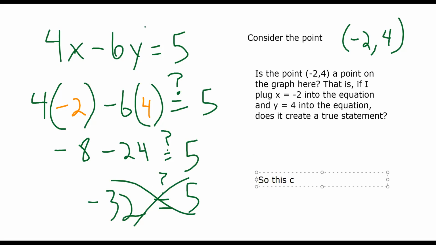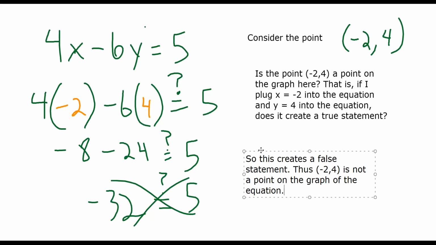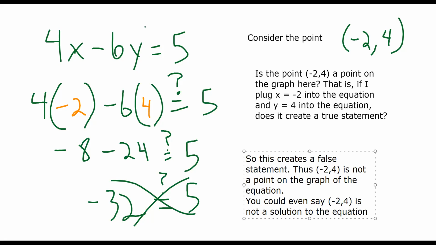So this creates a false equation or a false statement. Thus, -2, 4 is not a point on the graph of the equation. You could even say -2, 4 is not a solution to the equation. That's another way to put it.